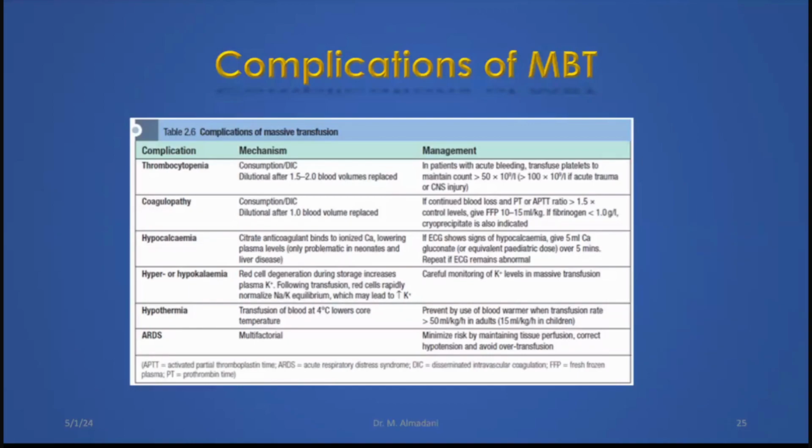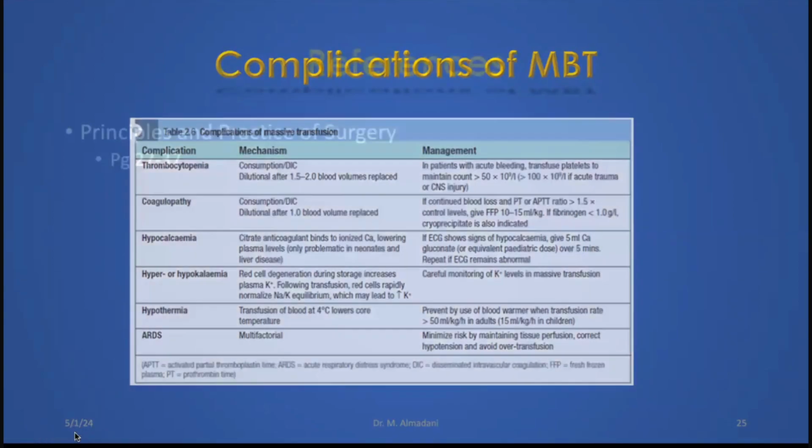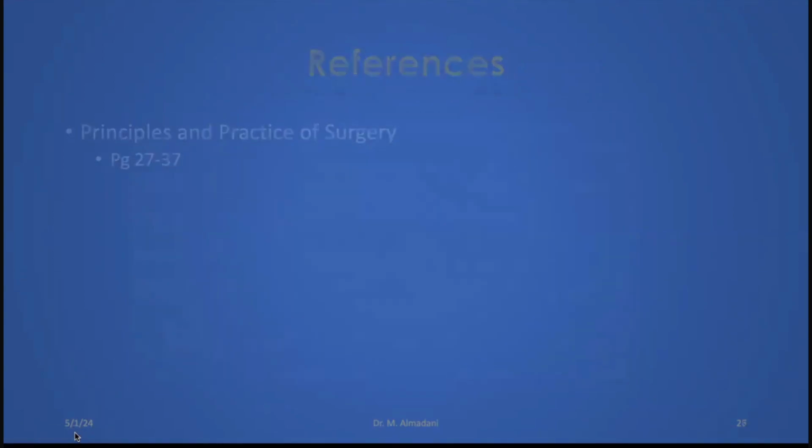Hypothermia, because we are giving patients cold blood. We are not giving the patient hot blood or warm one. So this might induce hypothermia, and also acute respiratory distress syndrome, which has some multifactorial elements. It might happen if the patient received massive blood transfusion.